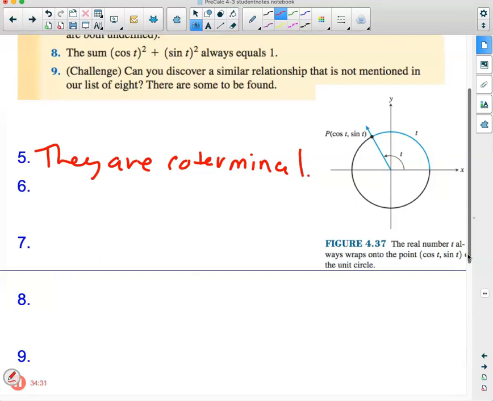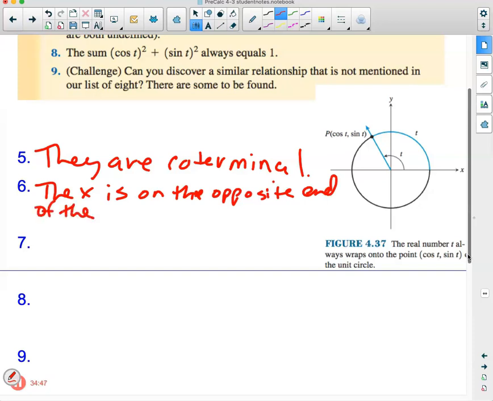The x is on the opposite end of the x-axis across a diameter.